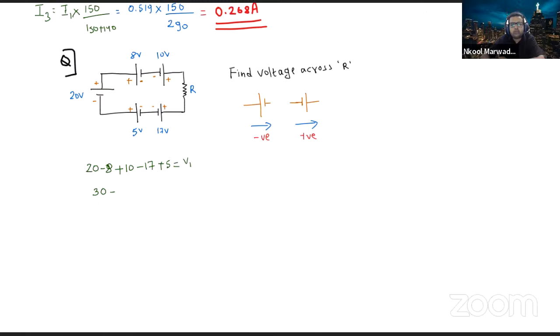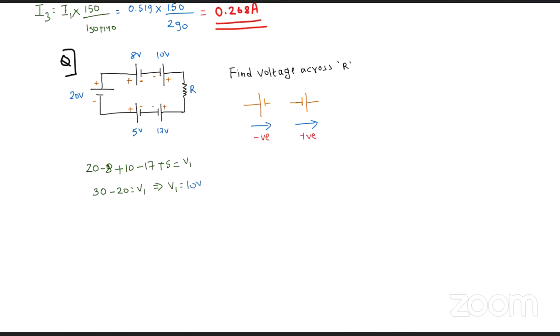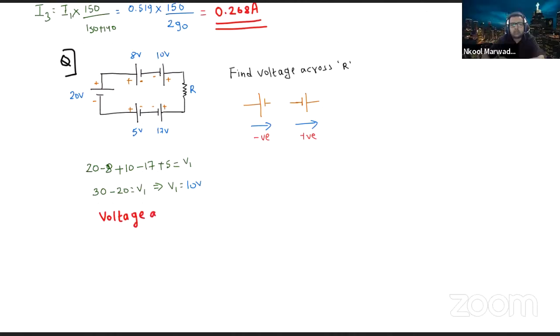So V1 should be 10 volt. 10 volt is the answer. Voltage across R is 10.